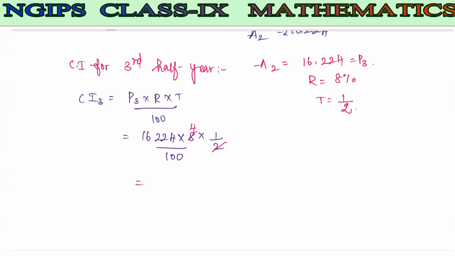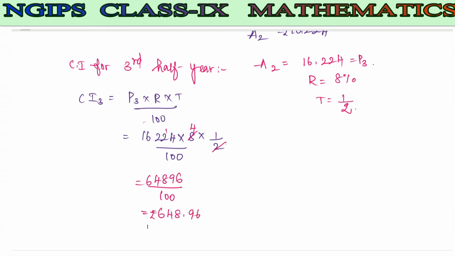So if you multiply, 4 4s are 16, 6 remainder 1, 4 2s are 8, 9, 4 2s are 8, and 6 4s are 24, 4 2 remainder 4 5 6. So we got here 64,896 divided by 100. So finally you will get 648.96 rupees. So this is the compound interest.